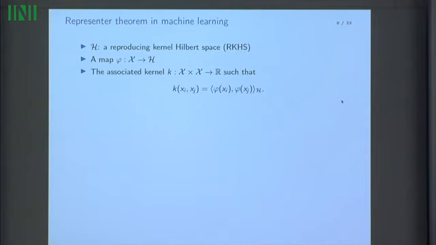So in practice, I will never use phi because phi can be really complicated to compute, okay? But I know that in the complicated space, the higher dimensional space, or even the infinite dimensional space H, I have a way to compute this scalar product here, okay?